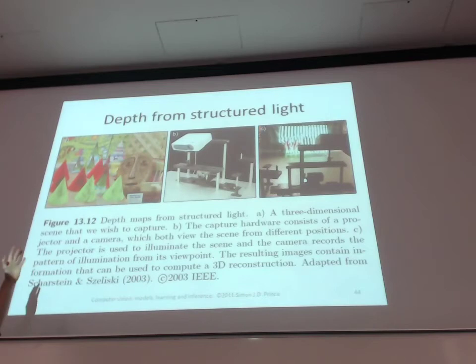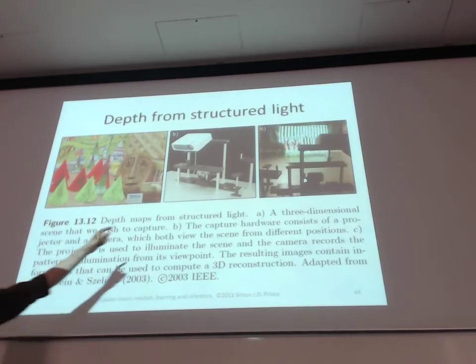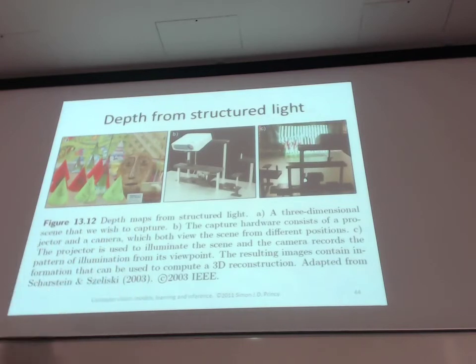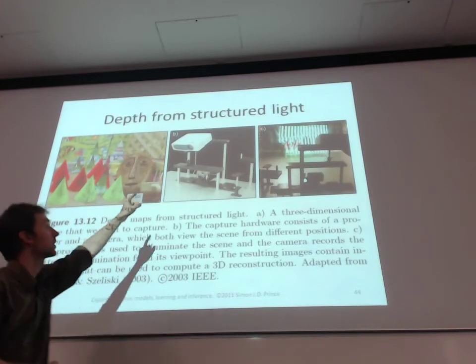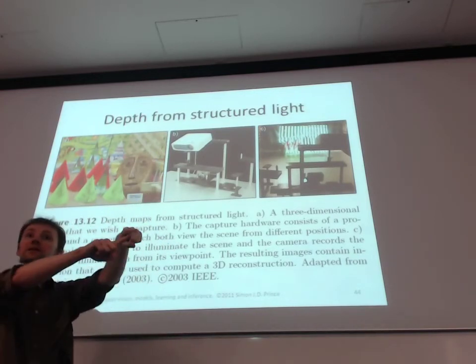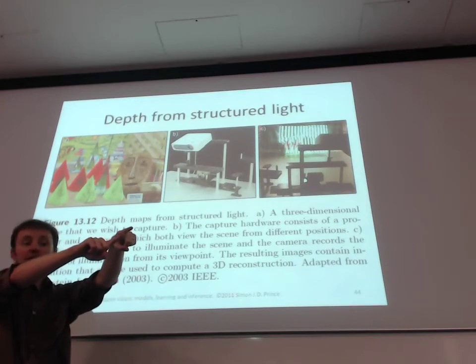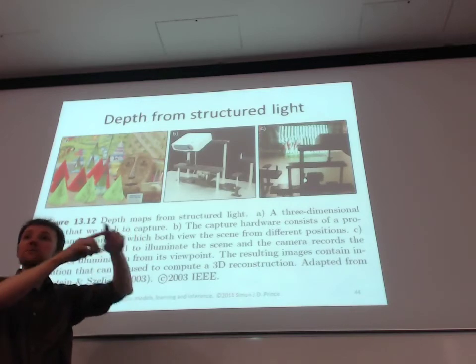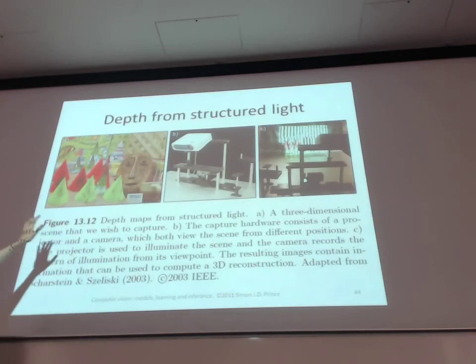So there's nothing wrong with that strategy. I hope we agree that that sort of solves the problem of correspondence now. We have a point in our image plane of our camera that's brighter than all the rest, and we say that corresponds to a point in our projector. And so we have two rays. They're hitting the scene someplace. Where those rays intersect, that must be the location of the world point.